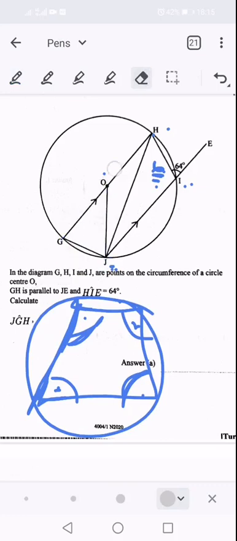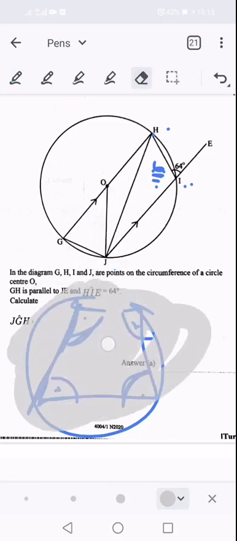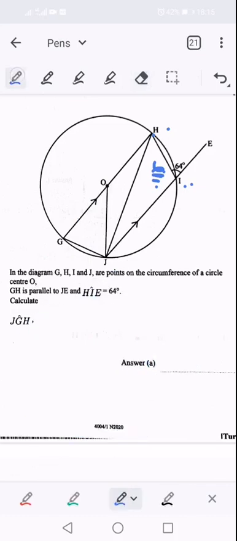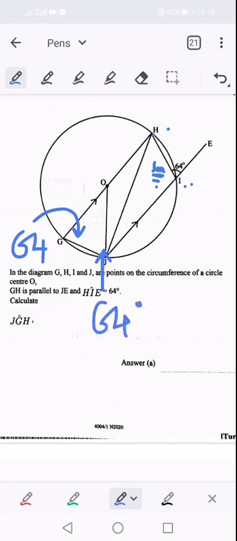Then 64 plus 64, subtracted from 180, because triangle GOJ is a triangle, and we get 52.